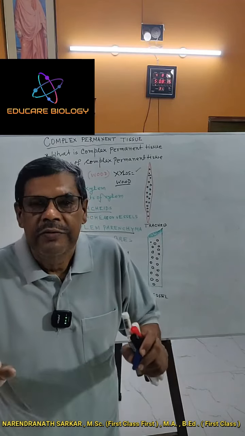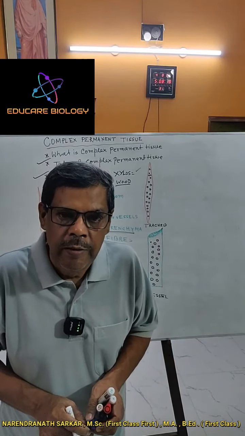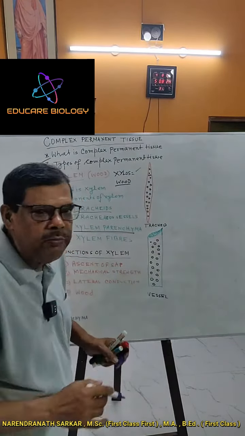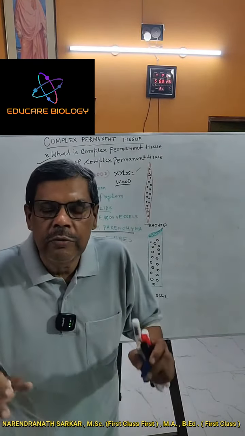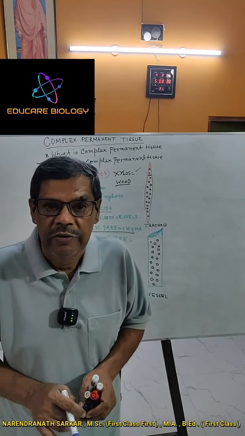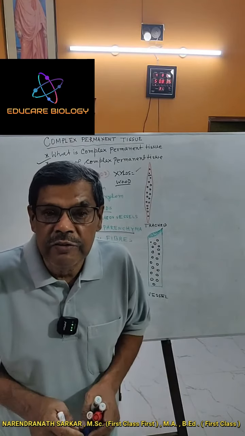Pits are simple or bordered. There is no protoplasm, so they are dead cells. They are also lignified, and secondary walls are formed where ornamentation is found.